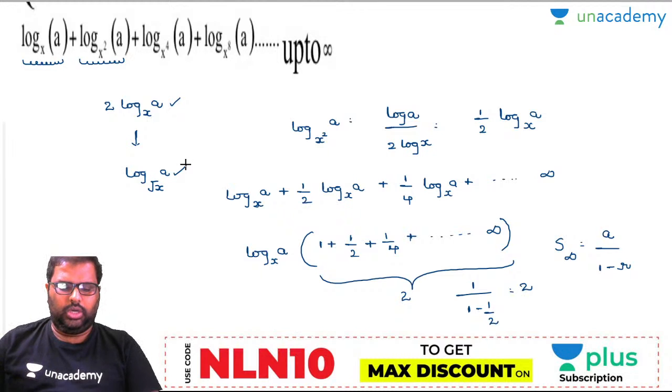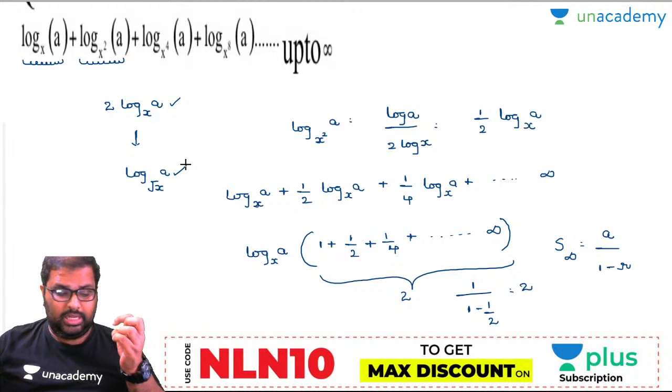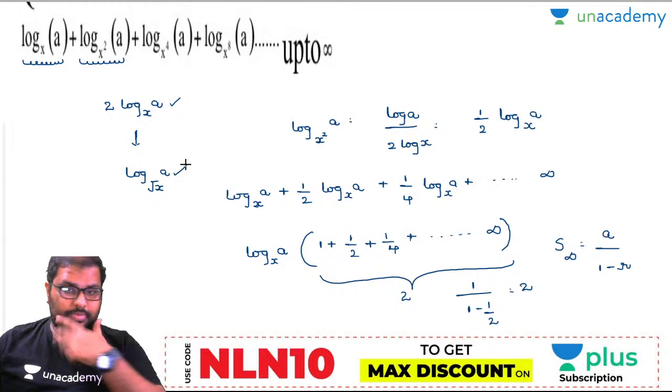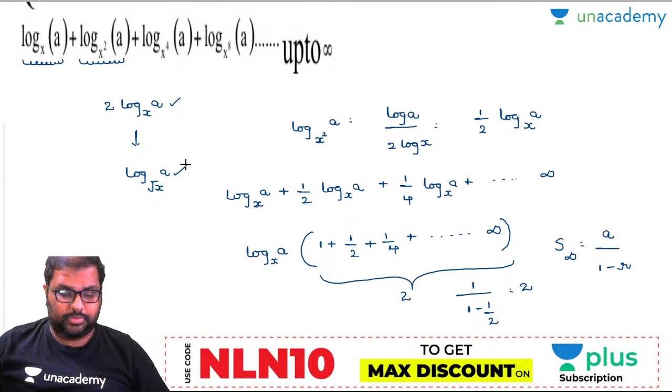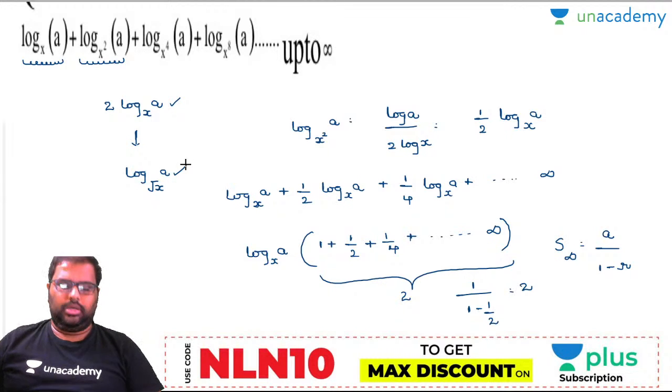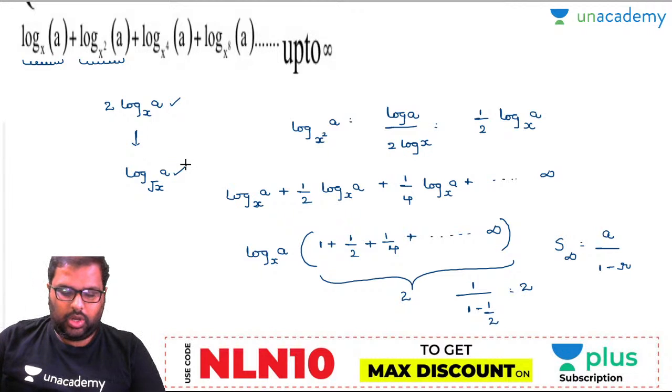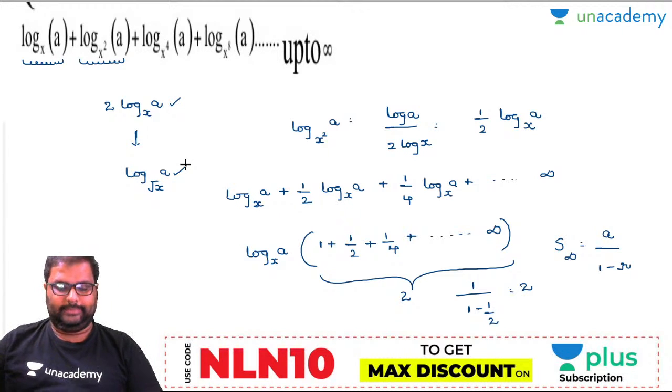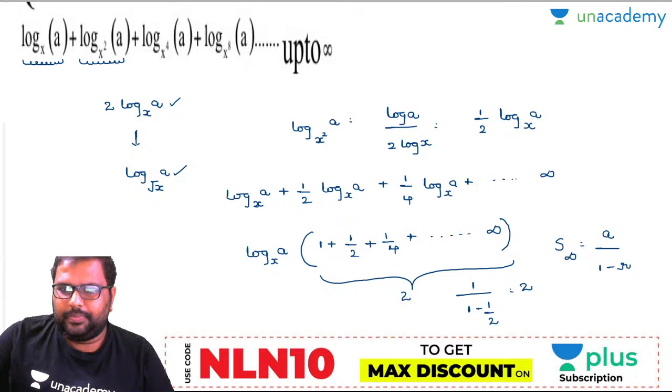Is this true or not? Yes. So you have to clearly observe the options also, since options are given in multiple choice. 2 log base x a is right, and log base root x a is also right. Done.